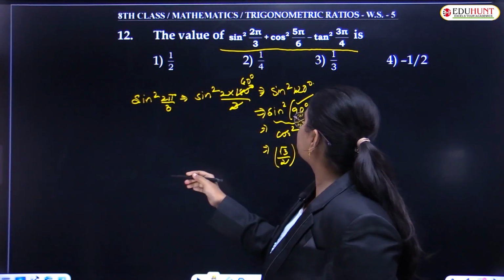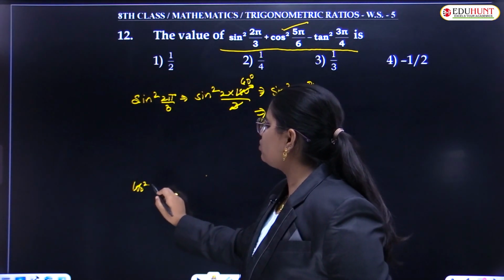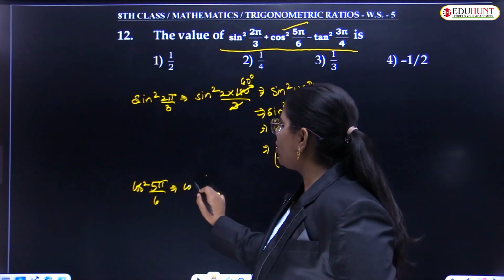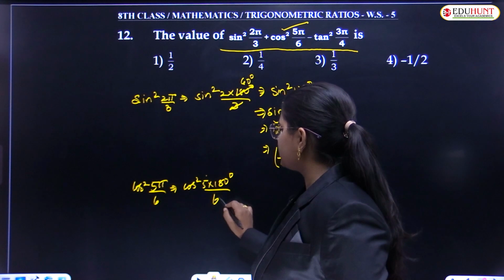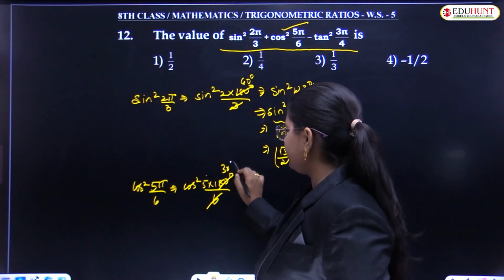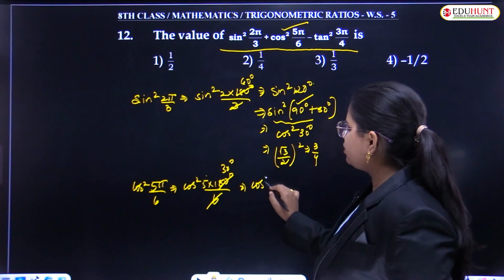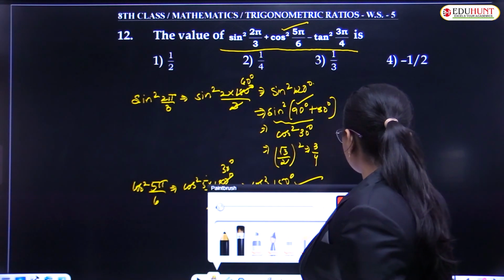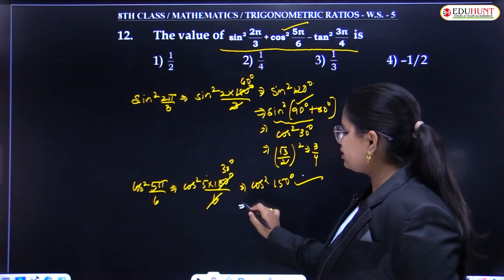Right. So let's find out cos square 5 pi by 6. Cos square, as usual, 5 into 180 degrees upon 6, which is 30 times 5. So we are left with cos square 150 degrees. I need to find the value of cos square 150 degrees. So what is the nearest allied angle?